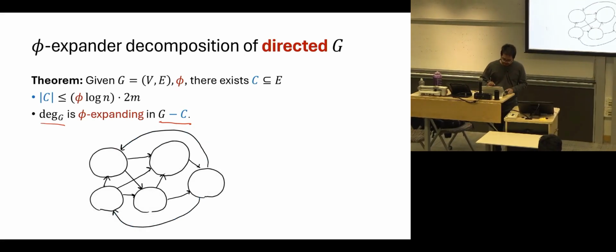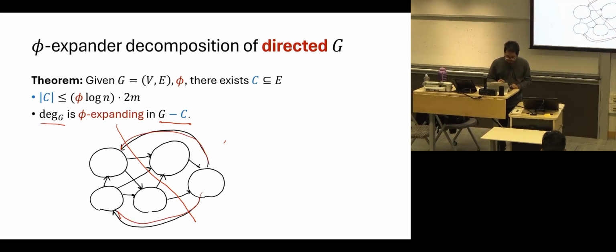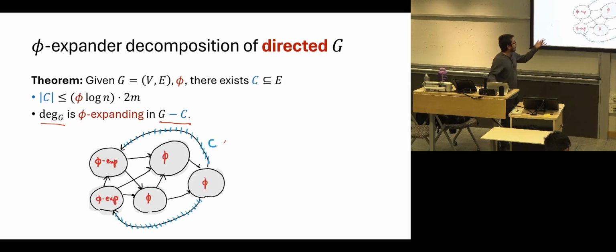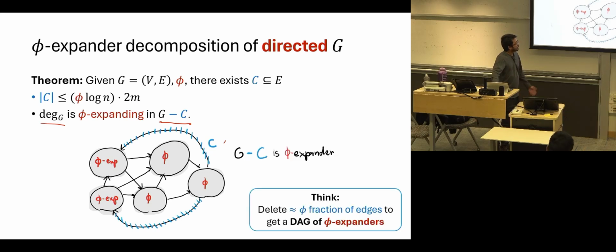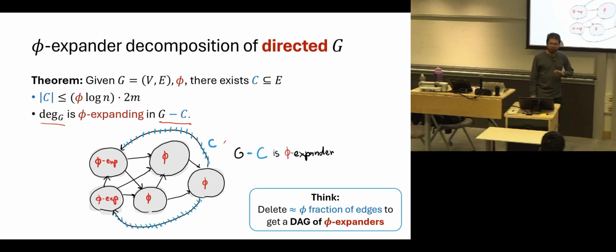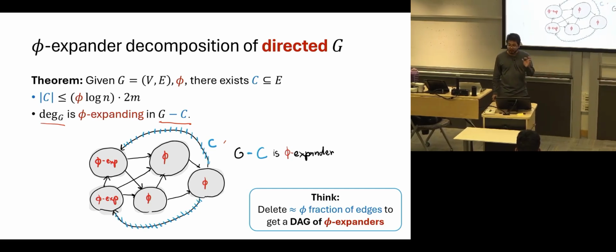Before deleting, you might have a cut that is sparse because there are just two edges crossing in this direction, and the volume on each side is big. This is not an expander. Now you delete something, and each component is now an expander. So you should think of deleting a small fraction of edges to get a DAG of connected expanders. That is expander decomposition.